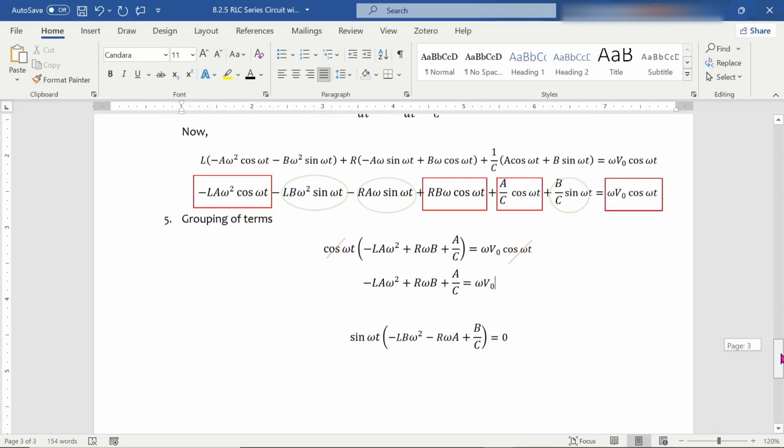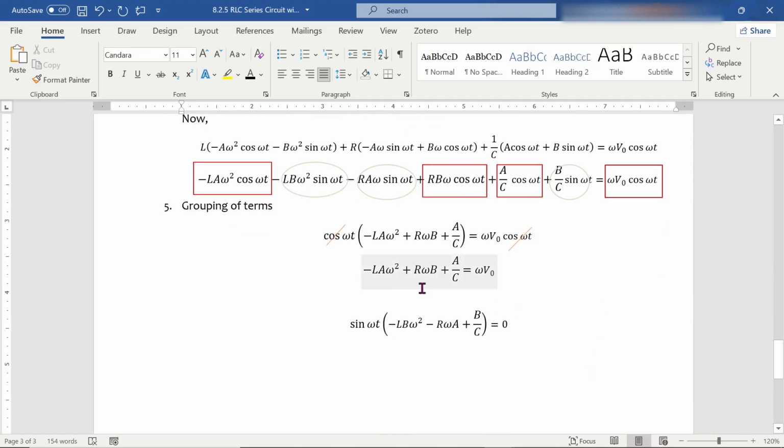So we have these two equations, one for those that contain cosine and the other for those that contain sine. Okay, so these are now our governing equations, a system of two equations.